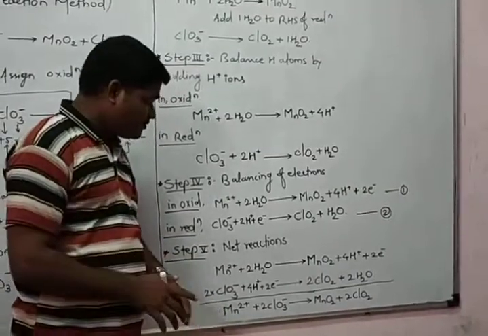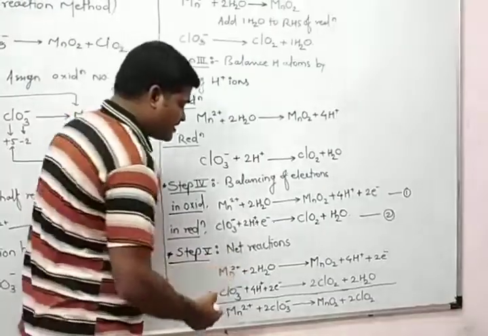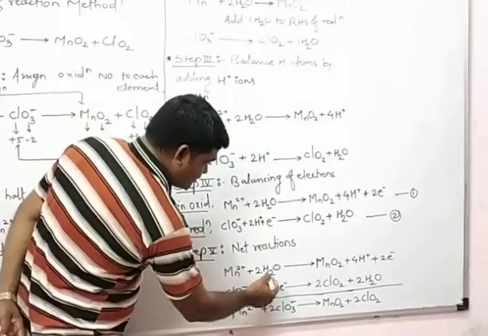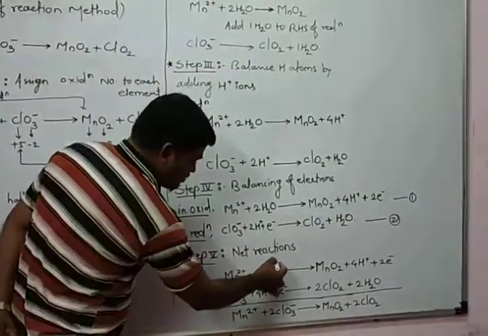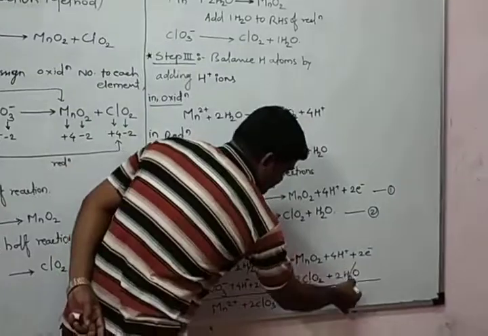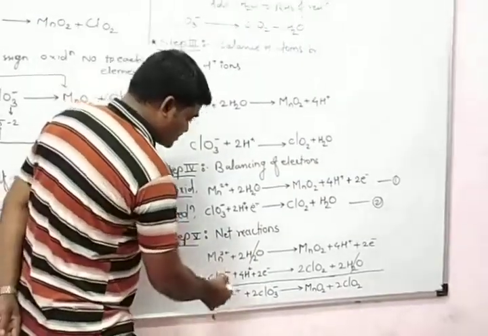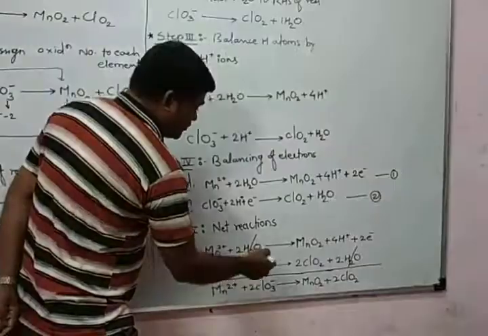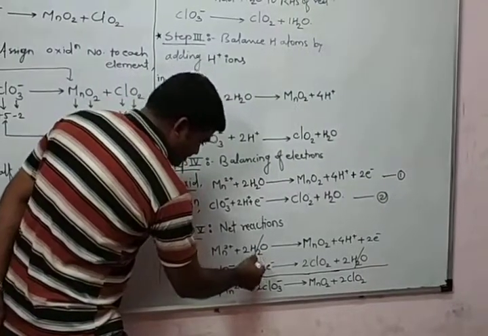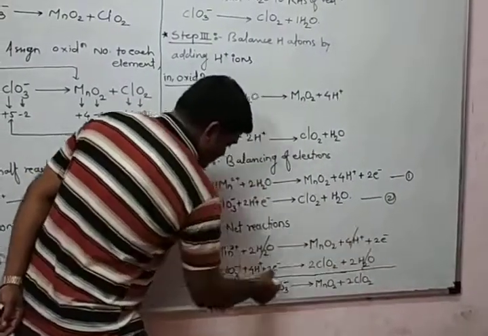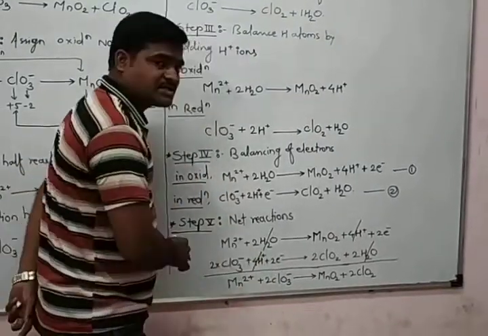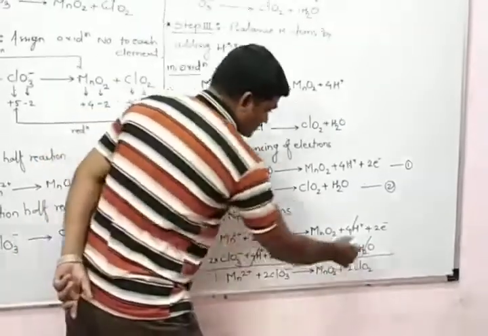So which terms are going to be cancelled? I notice here that at both sides 2 H2 are present. First of all, I cancelled the H2 molecules. Then we go to the H plus ions: 4 H plus ions get cancelled.